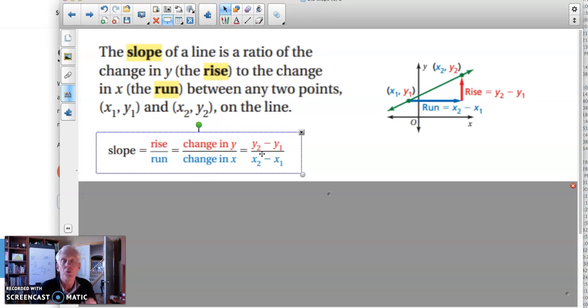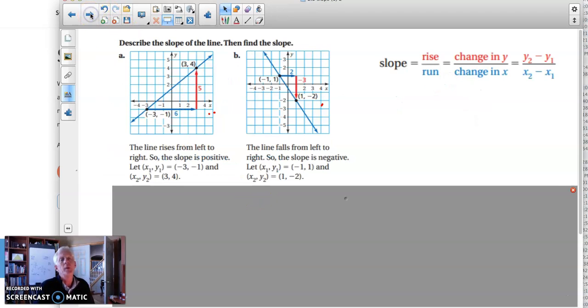As long as you subtract the y values of the ordered pairs and subtract the x's, you'll get the same ratio, but you have to do it in the same order. So it'll look like this. Here's an example: the ordered pairs are 3, 4, and negative 1, 3.